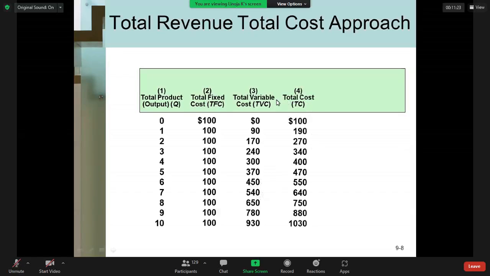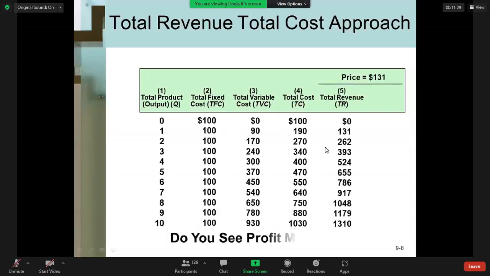Okay, you have to add both these values. Then what you have to find out is the price and the total revenue. They have given that price is 131. Price is a constant value.